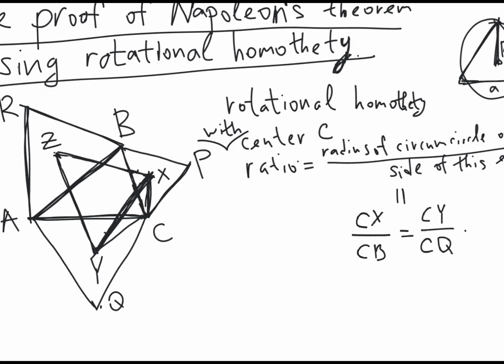So Cx is the radius of the circumcircle of this equilateral triangle, and Cb is the side of this triangle, and Cy is the radius of the circumcircle of the bottom equilateral triangle, and Cq is the side of this triangle.